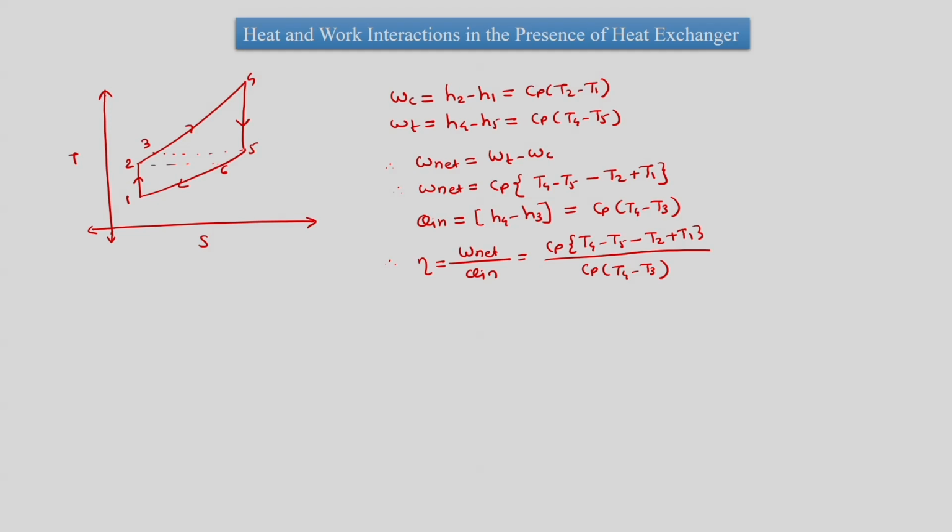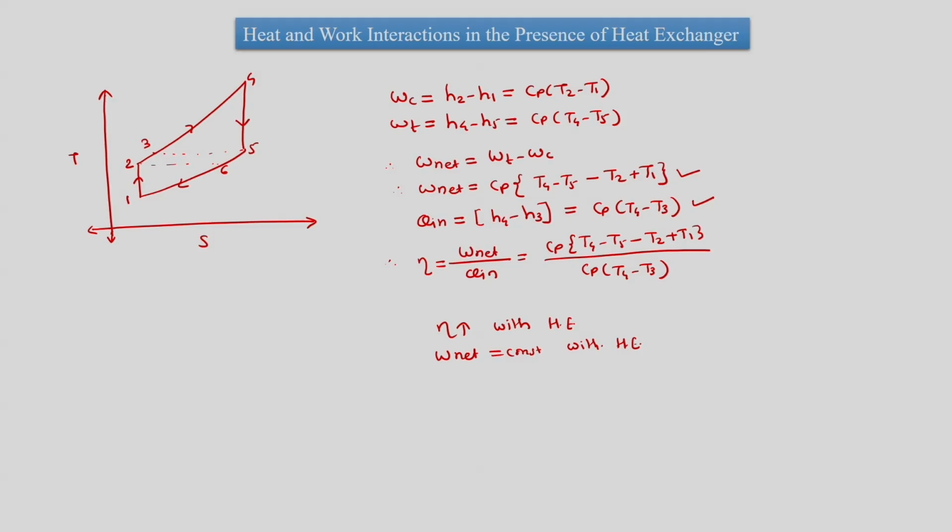So this Qin has got decreased in the presence of heat exchanger, W net has not altered. So efficiency increases with attachment of heat exchanger, but W net remains constant or same with heat exchanger. This is the outcome of this interaction.